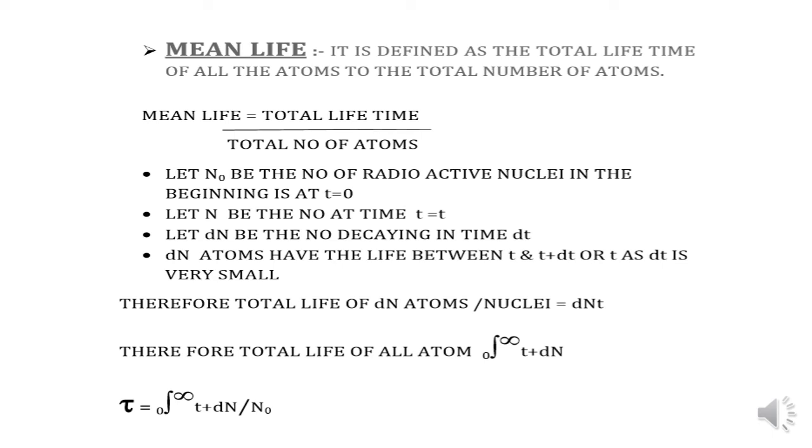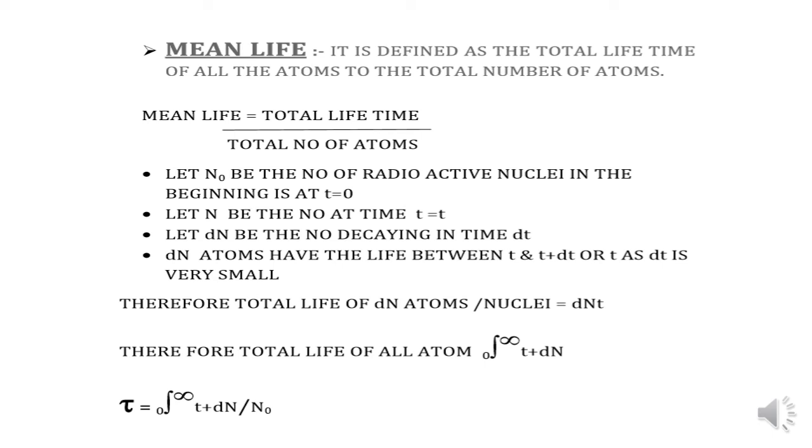Now, let n0 be the number of radioactive nuclei in the beginning at t is equal to 0. Let n be the number of nuclei present at any instant of time t. Let dn be the number of nuclei decaying in time dt.